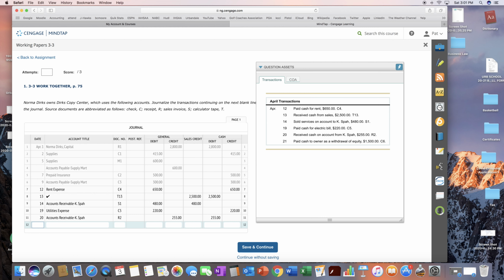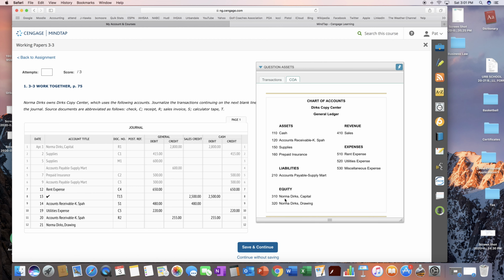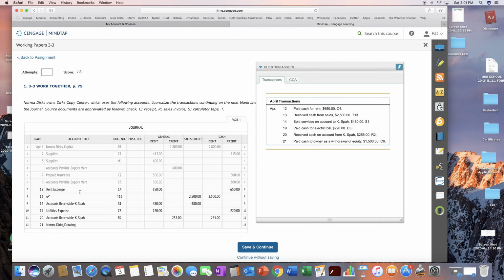21st, pay cash to owner for withdrawal. Remember, it's not capital, sorry, I screwed you up, it's drawing. This is the example when we had her credit the capital. Now we're debiting the owner's drawing account.